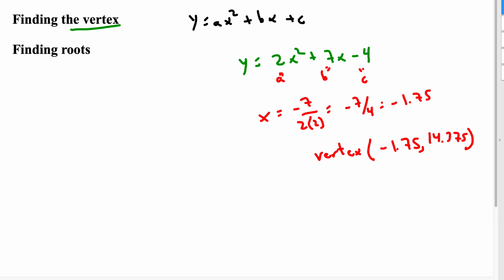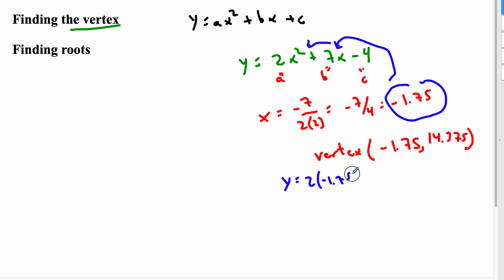Please bear in mind that when I plug the x into this equation, so y equals 2 times negative 1.75 squared plus 7 times negative 1.75 minus 4, that is where I got my sloppy 14, so let's fix that, my 14.375. So that's the vertex.